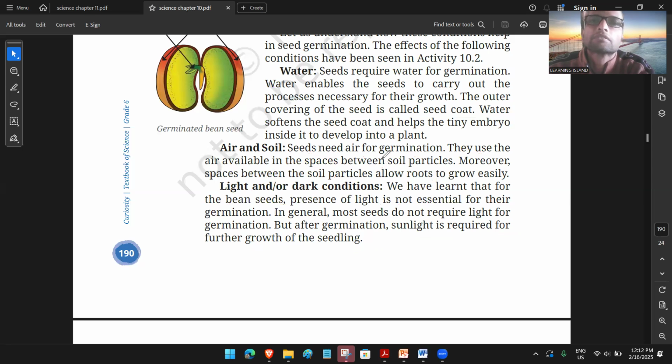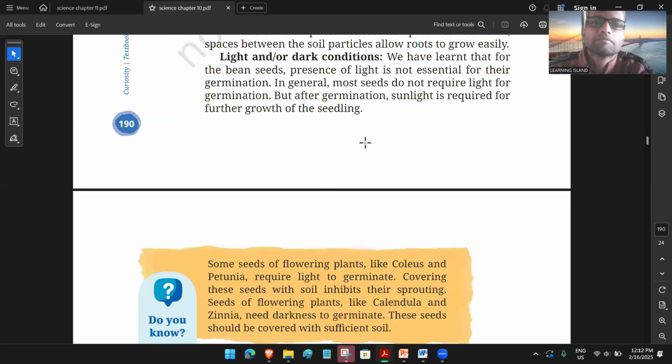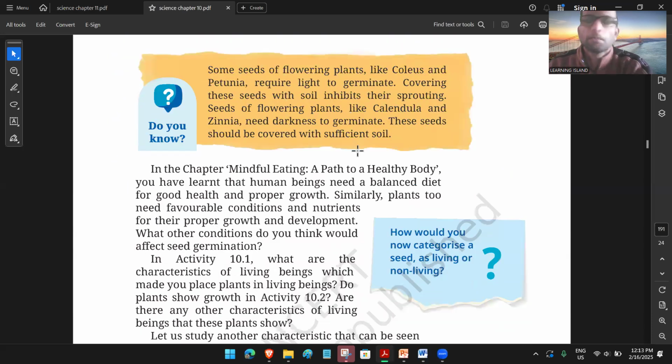Now my dear students, I am going to the next topic. Okay, the next topic is, here you see some very important portion, it has been highlighted in the books, you see. So now you will get the names of some plants which can germinate in the dark condition also. So some seeds of flowering plants like coleus and petunia require light for germination.